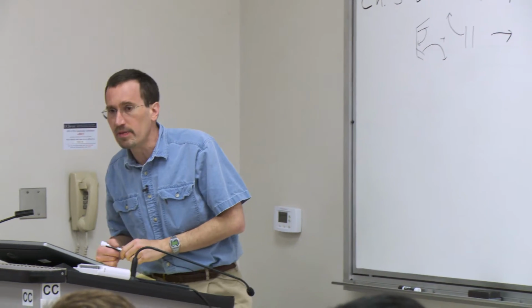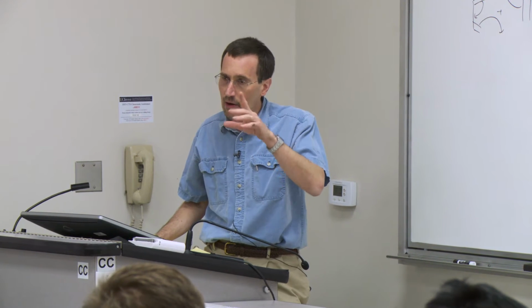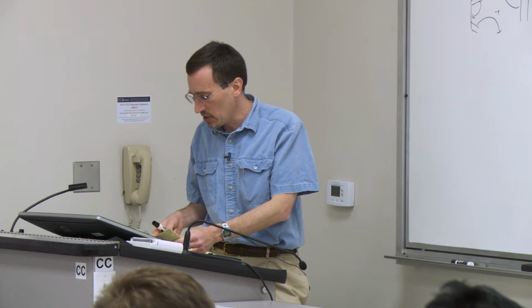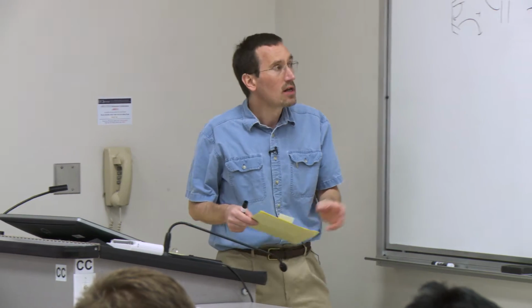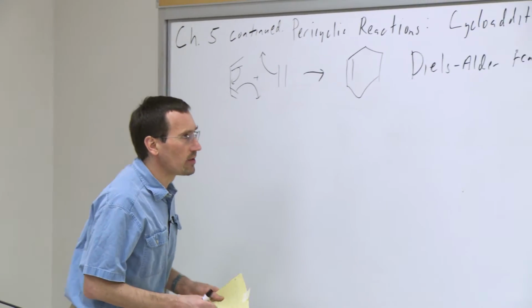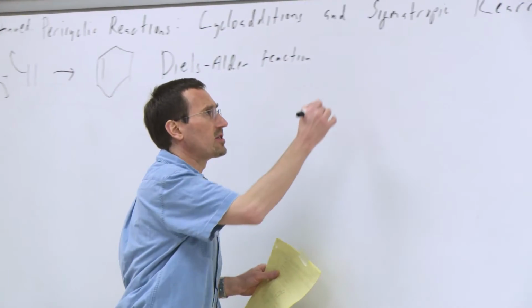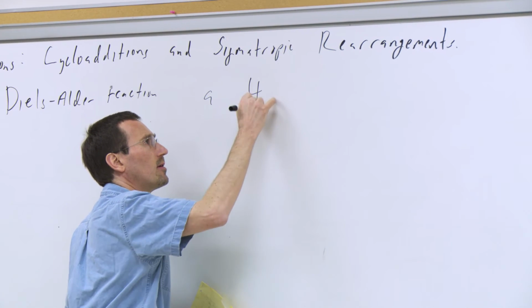But that's getting a little beyond the scope of this course, because we're really only talking right now about orbital symmetry and about what reactions can occur and what reactions can't occur. So the Diels-Alder reaction, we call it a 4+2 cycloaddition.